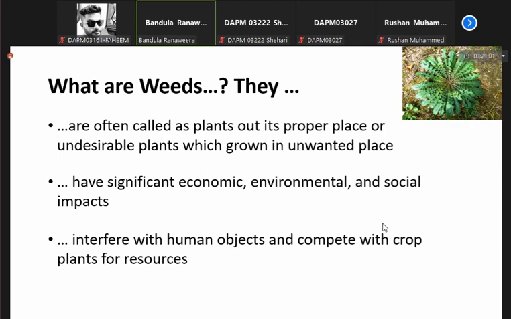So by having such a plant, there can be a significant economic, environmental, and social impact on the cultivation.